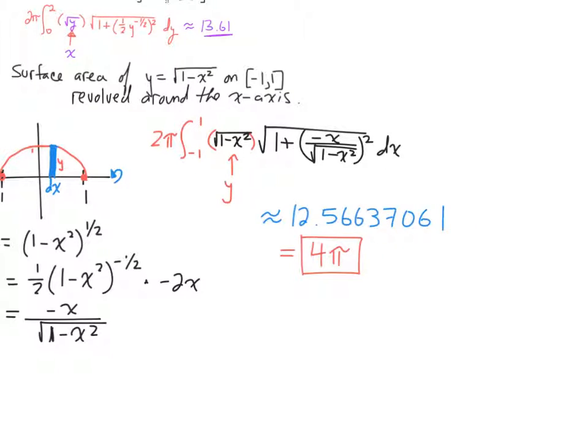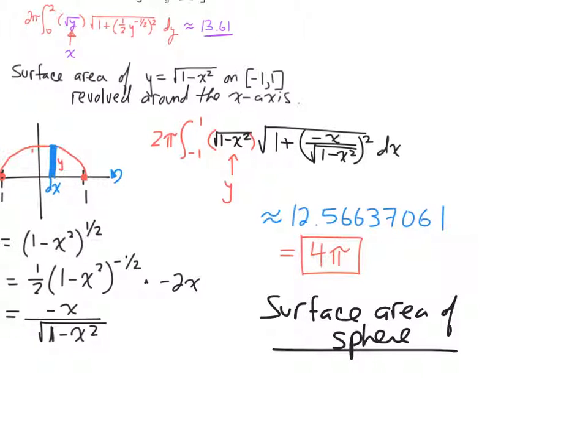All right, so you look at that and say, okay, cool, fabulous, I'm glad you did this problem. So what's the benefit? Surface area of a sphere. The rule is area is equal to four pi r squared.